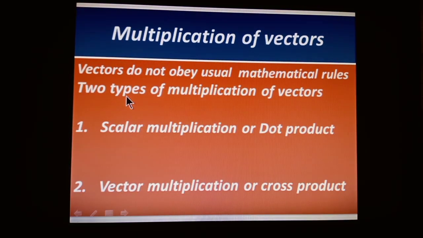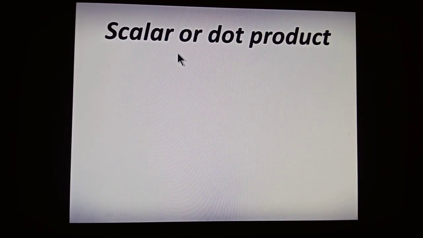Students, there are two types of multiplication of vectors. One we call scalar product or dot product, and second is called vector product or cross product. Now first we will discuss scalar or dot product.